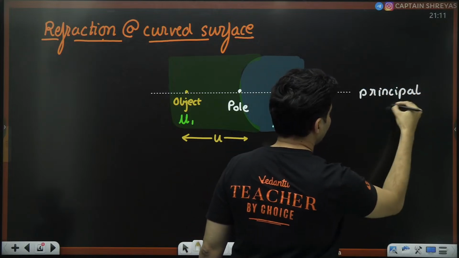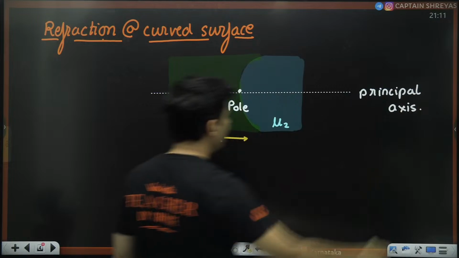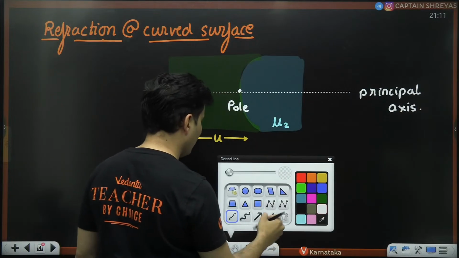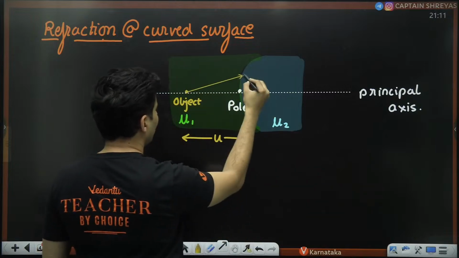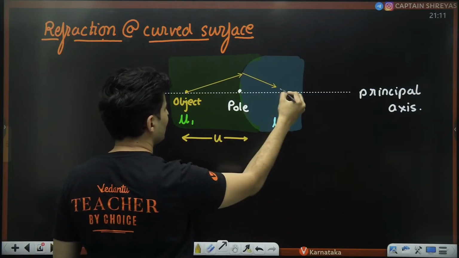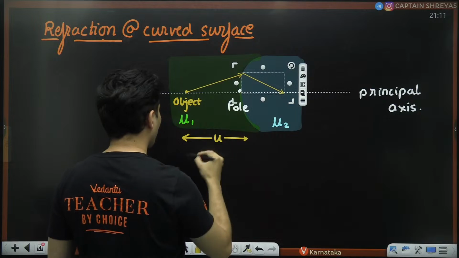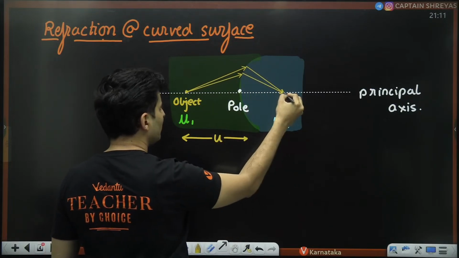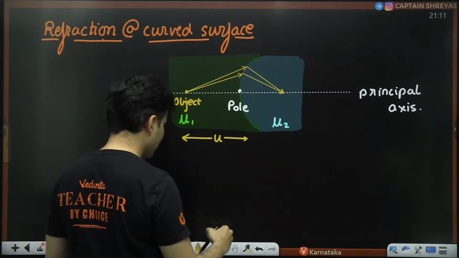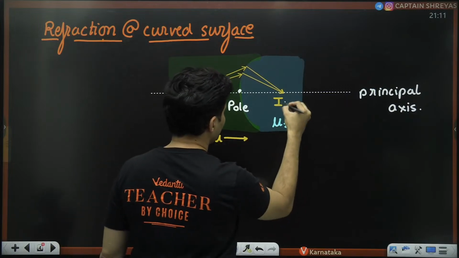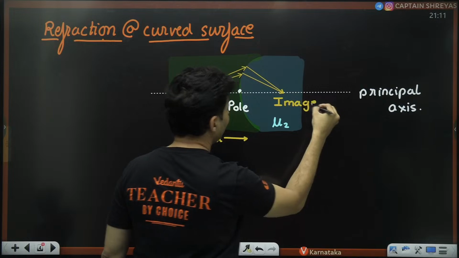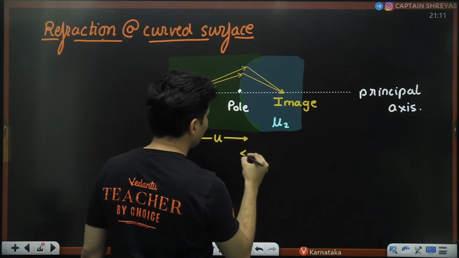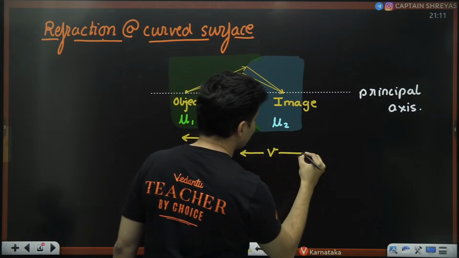Maybe the rays will refract somehow and meet here. Maybe there will be more rays also, but to form an image you at least need two rays. Maybe there is an image formed over here. It could be real in this case. If it is formed here, it would be virtual. This will then be the image distance.